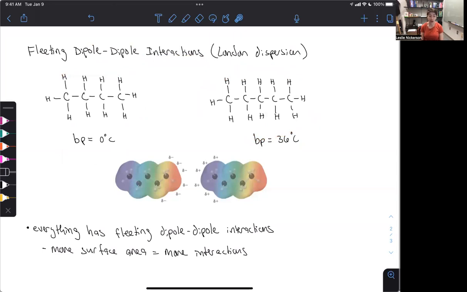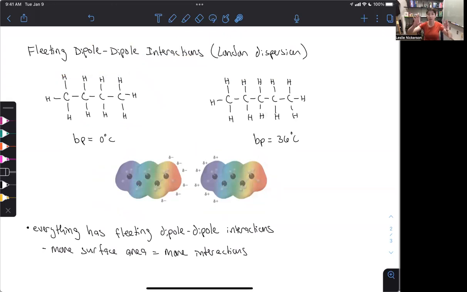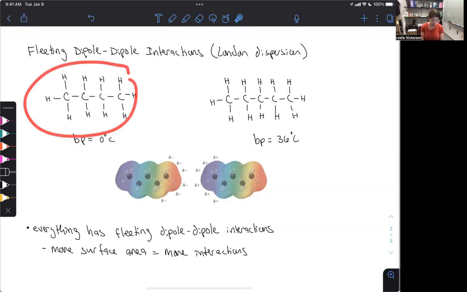So the reason for that comes down to these kinds of interactions where every molecule has a center of charge. Most of the time, statistically, in something that doesn't have any dipoles, it's going to be in the center, right? But there's going to be fleeting moments where that center of charge might be over here, or it might be over here.